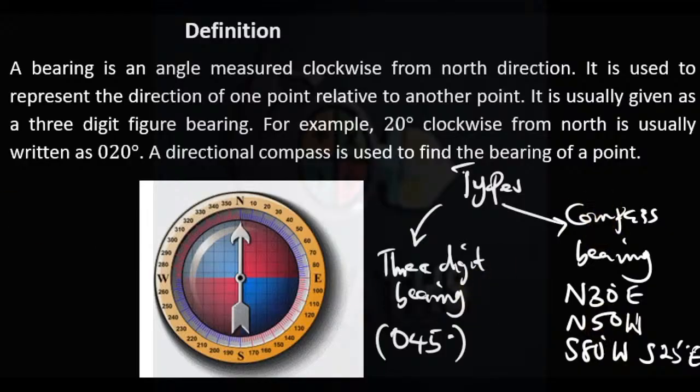So you cannot see something like 125 east in compass bearing. This is wrong, because the angle there must be less than 90. If you have north theta east, or south theta west, then theta must be less than 90.